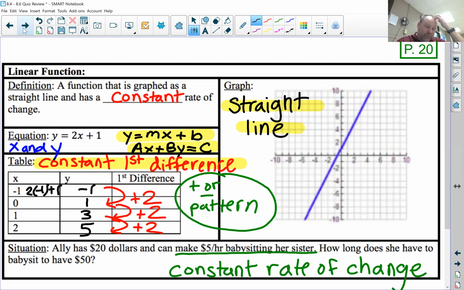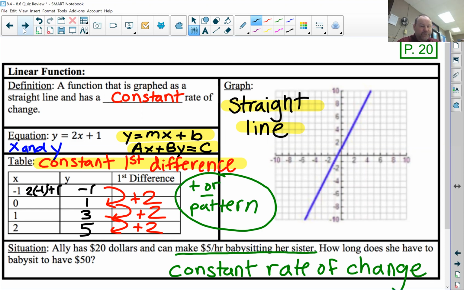If it's in a table, what you can do is subtract consecutive y values in your table. So I always take, I would go 1 minus -1, 3 minus 1, 5 minus 3. If those differences are all the same, it's referred to as a first difference, then you have a linear function.